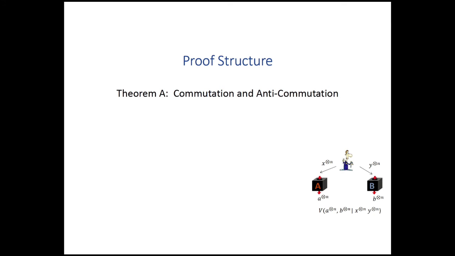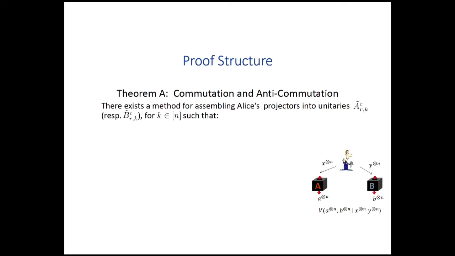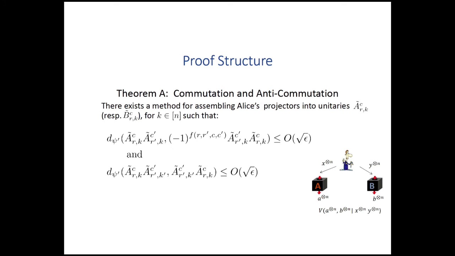The first component starts with the test and the classical verifier and says that if these two players win the parallel repeated magic square game with probability 1 minus epsilon, then from the projectors they're using, you can construct observables, and those observables must obey, up to epsilon or square root epsilon, the appropriate anti-commutation and commutation conditions.